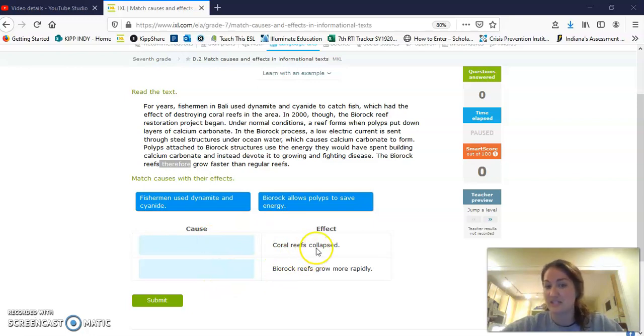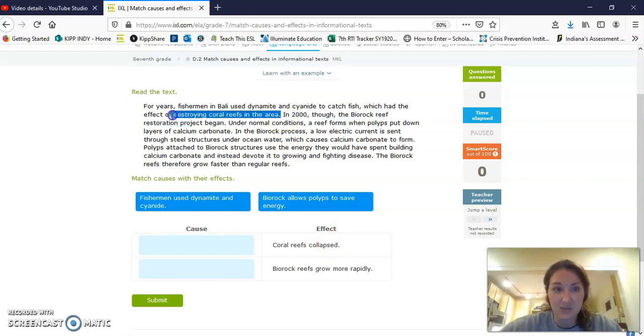Let's go back to the portion of the text that talks about coral reefs collapsing. Now, we saw that immediately at the beginning of our text when we were introduced to our topic. It says, for years, fishermen in Bali used dynamite and cyanide to catch the fish, which had the effect of destroying coral reefs in the area. Coral reefs collapsing means they were destroyed by something.